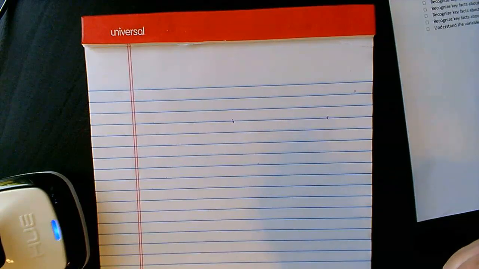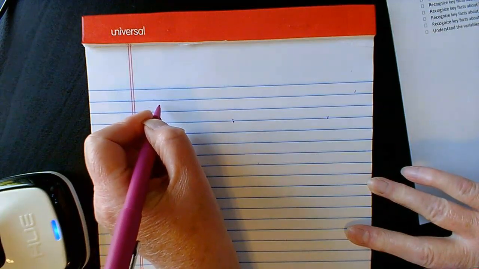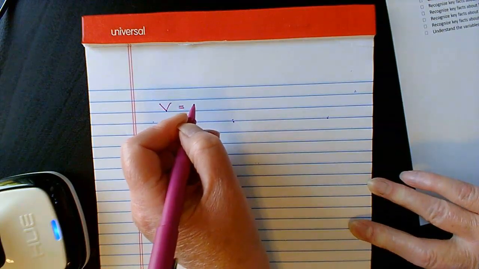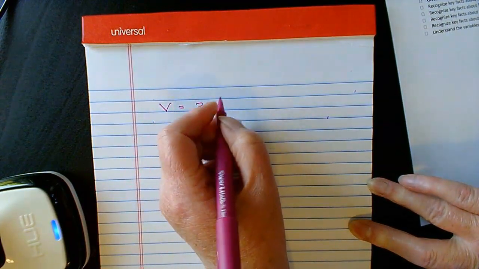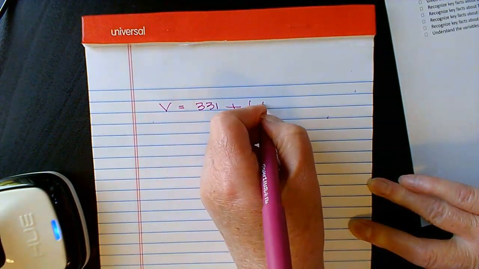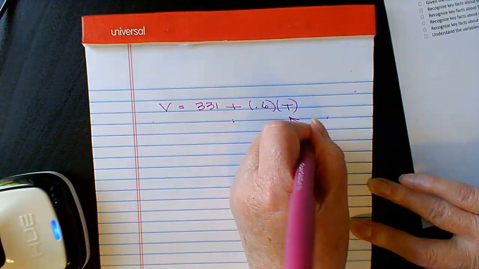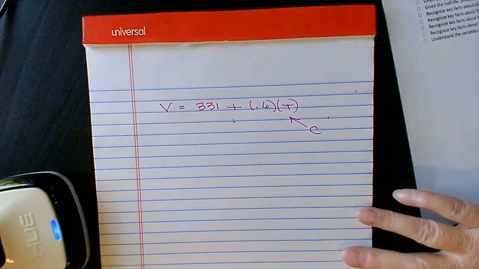All right, next one, state some key facts about sound. So we should know that the velocity of sound can be calculated by 331 meters per second plus 0.6 times the temperature, assuming that temperature is in Celsius. So that's how the speed of sound varies with temperature.